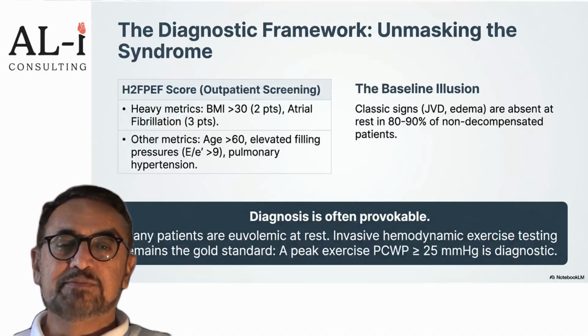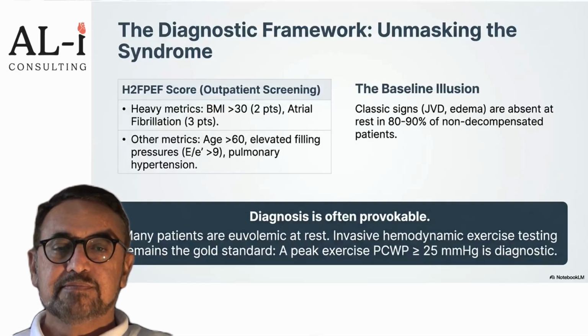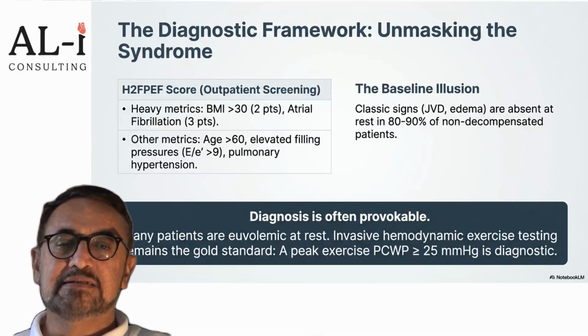A peak exercise wedge pressure of 25 millimeters of mercury or greater is diagnostic in the appropriate clinical setting. The practical lesson is simple. Normal resting biomarkers or near normal resting hemodynamics do not exclude HFpEF in a symptomatic patient. When the story fits, you have to stress the physiology to reveal the disease.